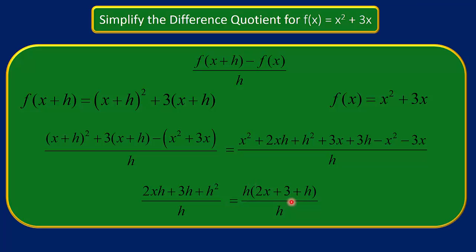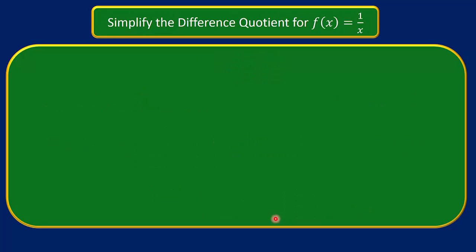And these h's will divide out, and I get 2x plus 3 plus h. And that's what we want it to do. Okay. Now, so this is a straightforward one. This is just a second degree polynomial, second degree function there, and the algebra there was no problem.